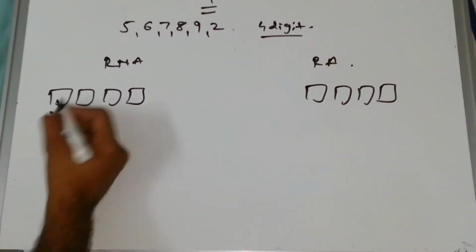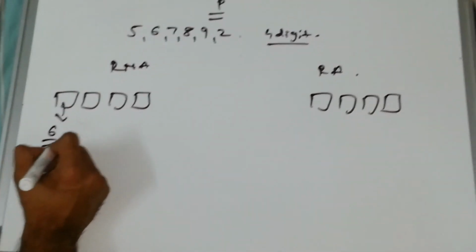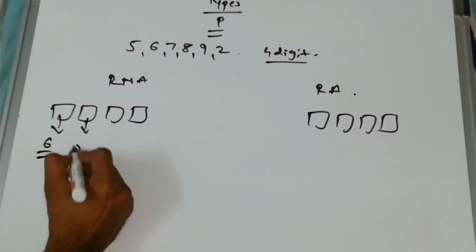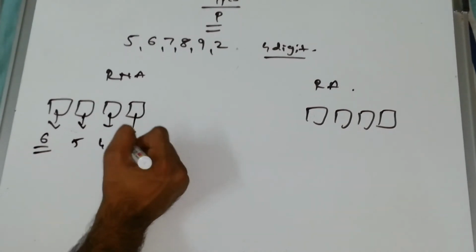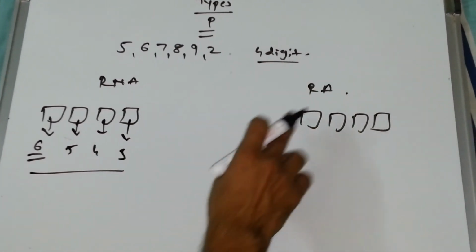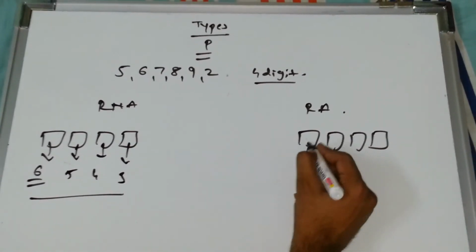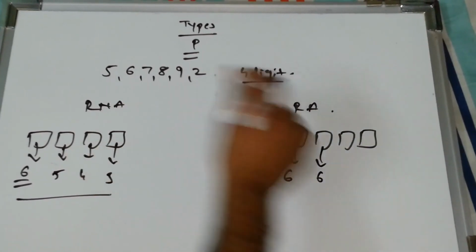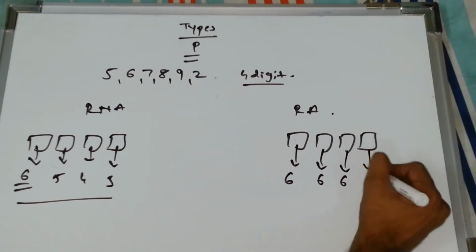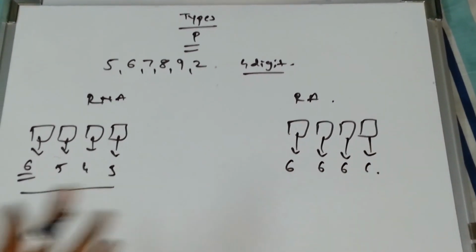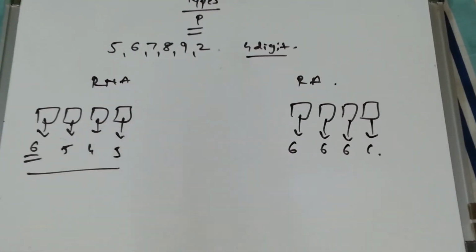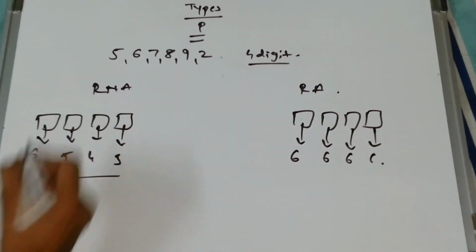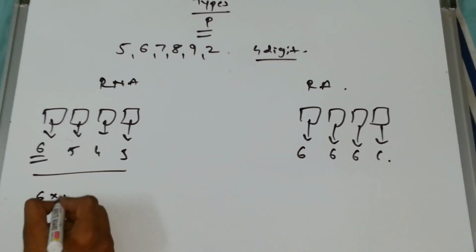Here we have 6 digits we can involve. Now we have already used 1, so here we have 5 digits, here we have 4 digits, here we have 3 digits. If we are considering repetition is allowed, in this box we can include all the 6 digits, even this place can include all the 6 digits, even this place can include, even this can include. So the basic difference here is similar to that of parking slots and cars, but not in the case of repetition allowed. So here we give it as 6 into 5 into 4 into 3.